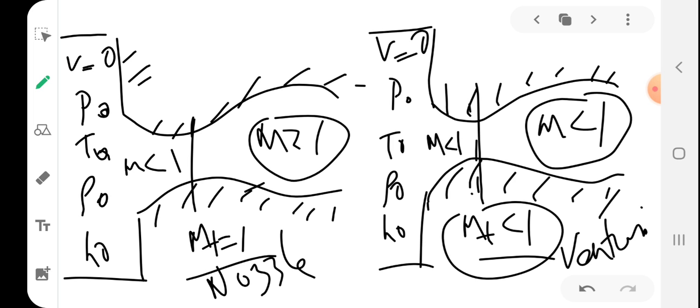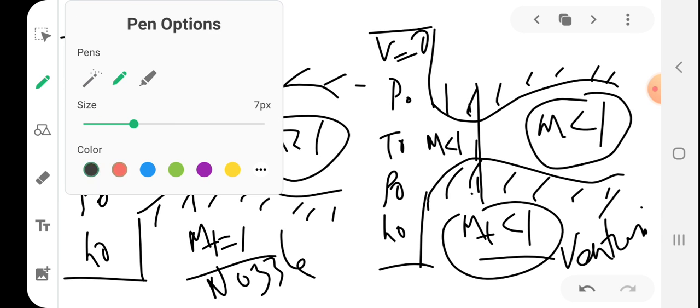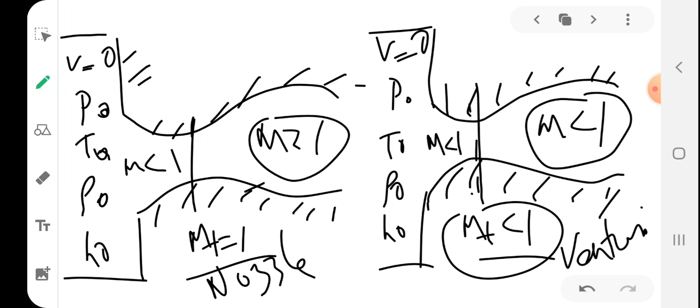So what will be the flow parameters at the throat? At the throat we use star values. The area at the throat will be A star because it is critical, because at the critical section the Mach number equals 1. But here, the throat area At should be greater than A star.